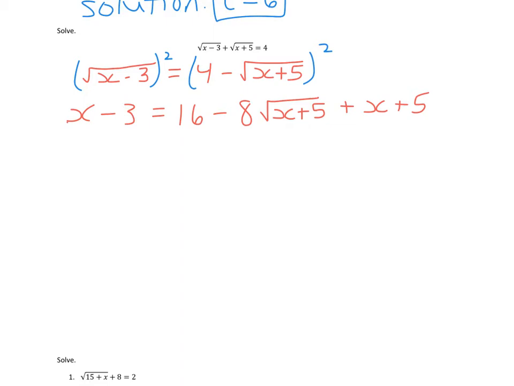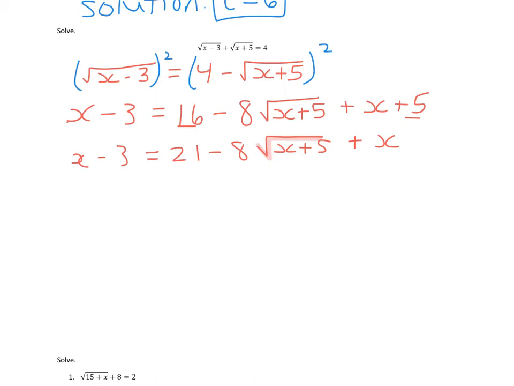Let's see, we can simplify this. We can do the 16 and the 5. And this is what we have. And notice at this step, we still have a radical. So we're going to have to repeat the process. We're going to have to isolate our new radical right here, and then square both sides again.